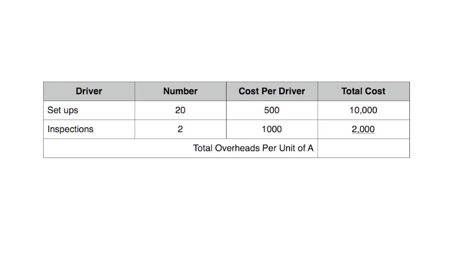So that means that we can allocate total overheads per unit of A of 12,000. Remember, that is just the overheads. To get the total cost of a unit of A, we'd need to add in our materials cost, our labour cost, etc. But ABC is used to allocate the overheads that a unit of A has used.